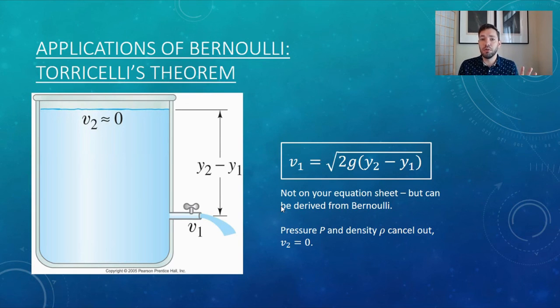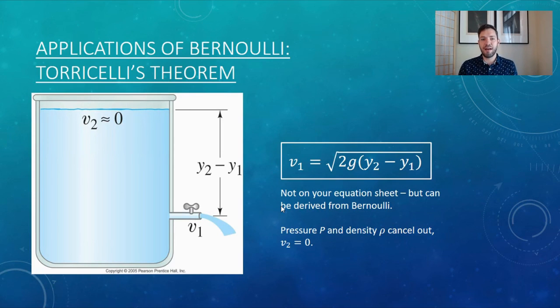v2 will be 0, basically, because it's at rest. This equation is called Torricelli's Theorem because this was figured out by some old dead Italian dude. What this equation tells us is that the speed that this water or whatever is going to come out of this spigot is only really dependent on the distance between the top of the liquid, wherever it is, and the height of the spigot.